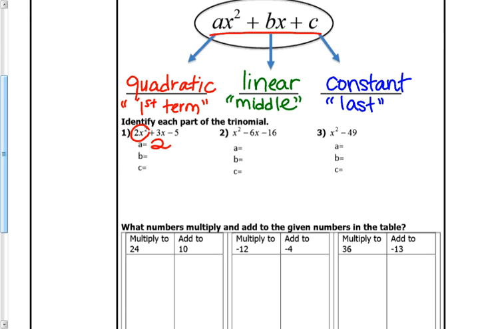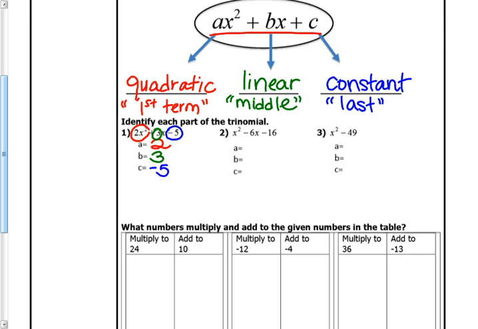The linear term, or the middle, or the b, is the coefficient 3. And then the c, or my constant, is the last term here, but we have to be careful because we always have to take the sign that's in front. So the constant is actually negative 5.